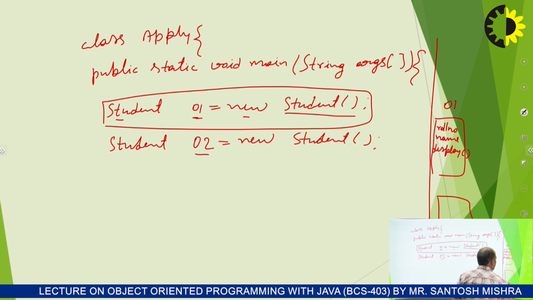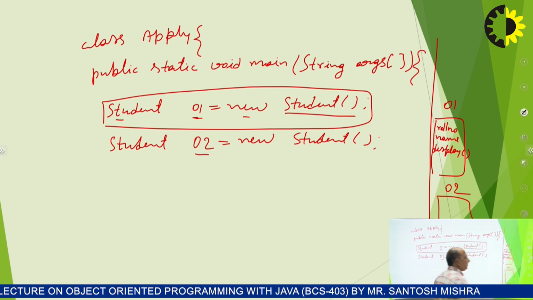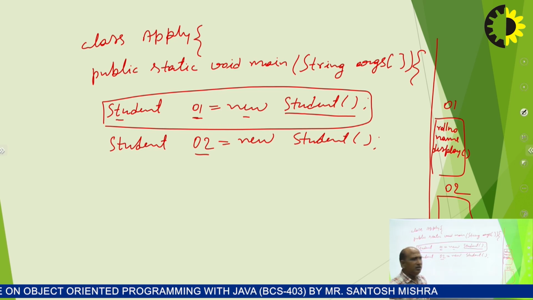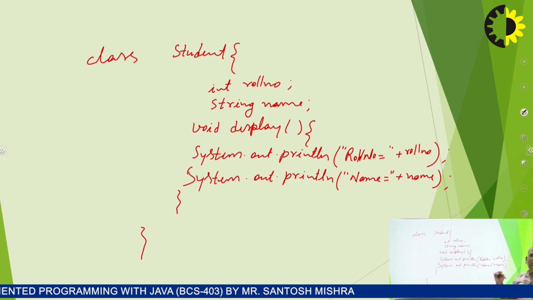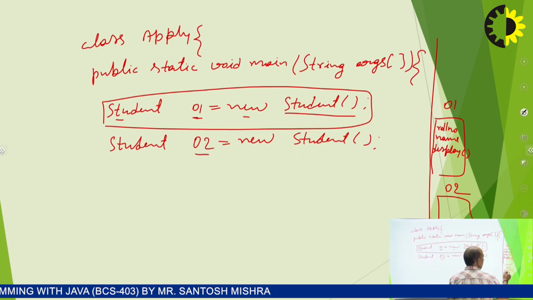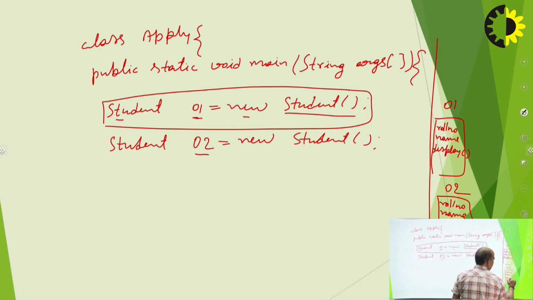Similarly, you have created another object O2. This O2 also has the same things: the roll number, name and display. O2 has roll number, O2 has name, and O2 has display function.